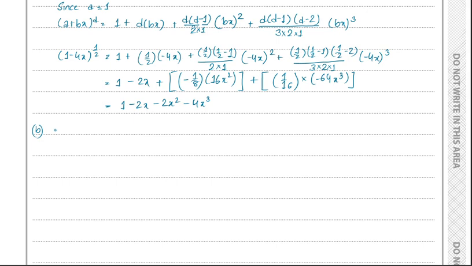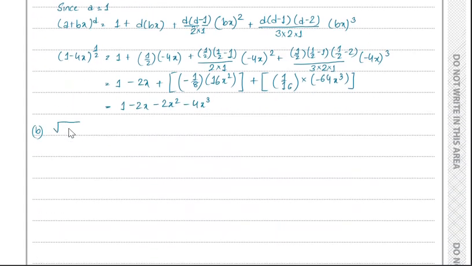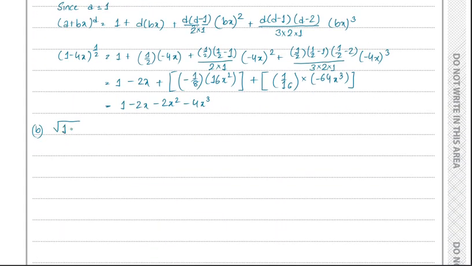So at first we have to equate root over 1 minus 4x equals root over 0.76. So the root overs will get cancelled and it will be 1 minus 4x equals 0.76.